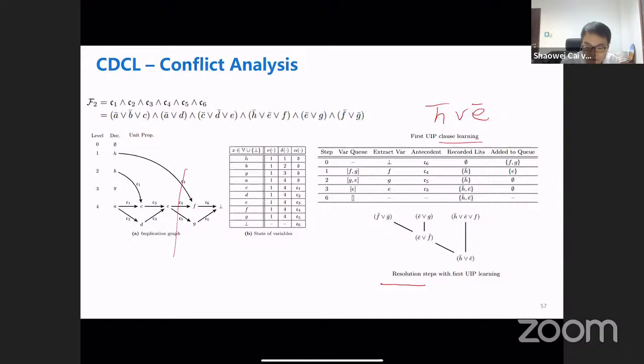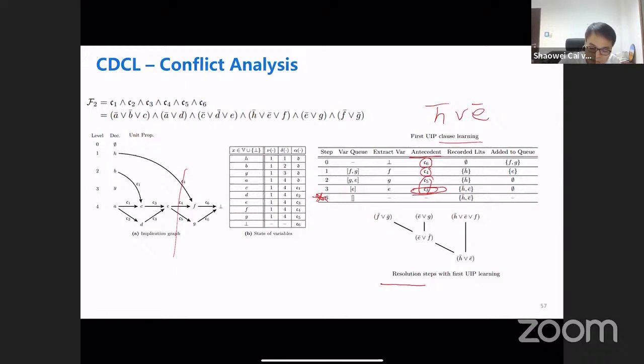And this analyzing procedure can also be implemented by resolution steps. We see here the reason clauses are C6, C4, and C5. And this C3, we did not analyze it because we stopped here. So this C3 is not analyzed.